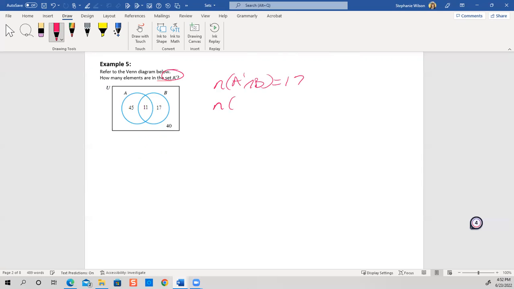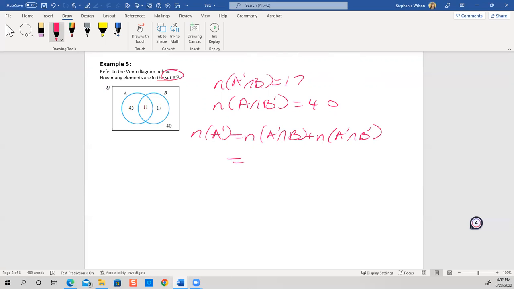I know the number of elements of A intersects B prime is 40. Let's find A prime. The number of elements of A prime is equal to the number of elements of A prime intersects B plus the number of elements in A prime intersects B prime.